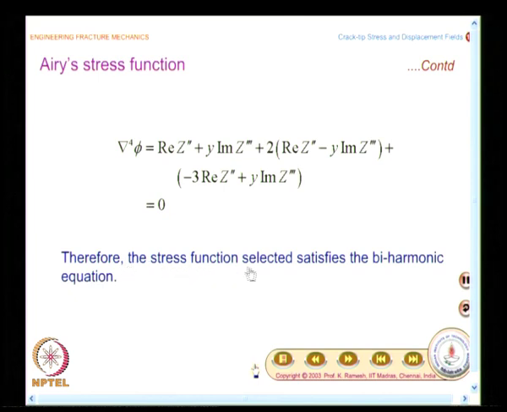The stress function selected satisfies the biharmonic equation. So, that means our first step is correct. We are really looking at solving the problem, so we have to select a valid form of stress function. The first condition is that the biharmonic equation should be satisfied, and that is satisfied.